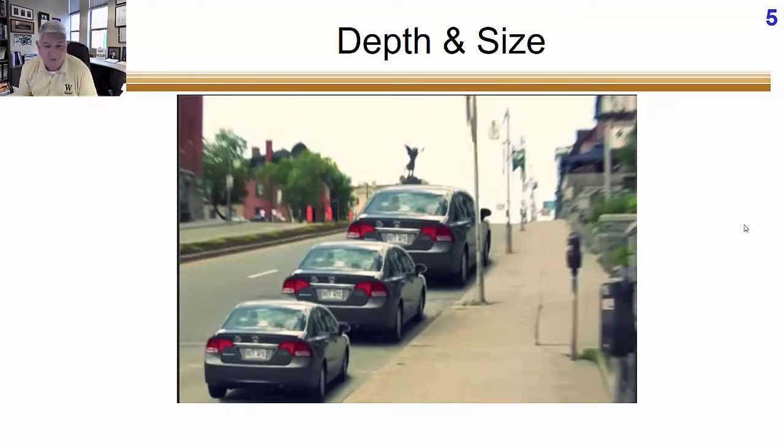Can you prove to yourself that those are all exactly the same size? They are the same size, but because of occlusion and relative height and the placement on the street, depth perception tricks our mind into seeing that top car as being much bigger than the other cars. Pretty cool, huh? All right.